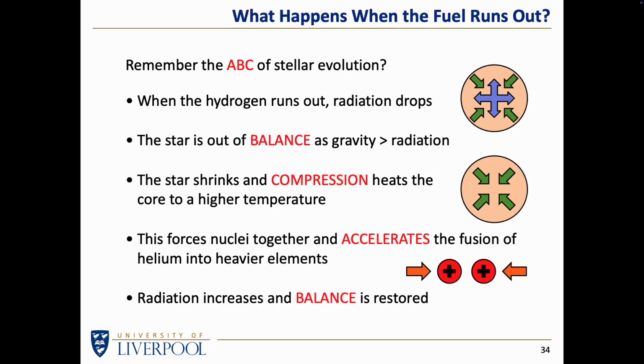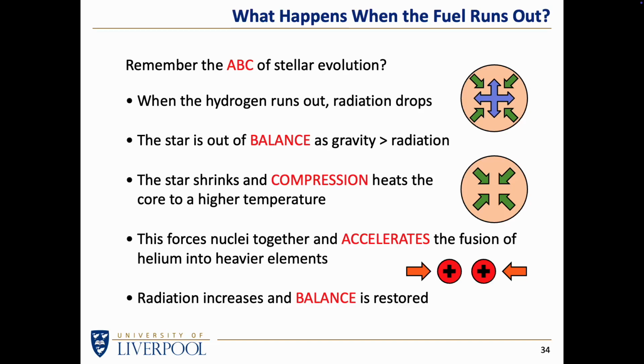So you get out of balance, which produces compression, which accelerates the fusion process, which brings you back into balance again, and in principle, depending on the mass of the star, this cycle can go on. When the helium runs out, what's going to happen? It'll get out of balance, it'll compress, it'll accelerate the fusion of heavier elements, and you'll be back in balance again. What happens when the next fuel runs out?